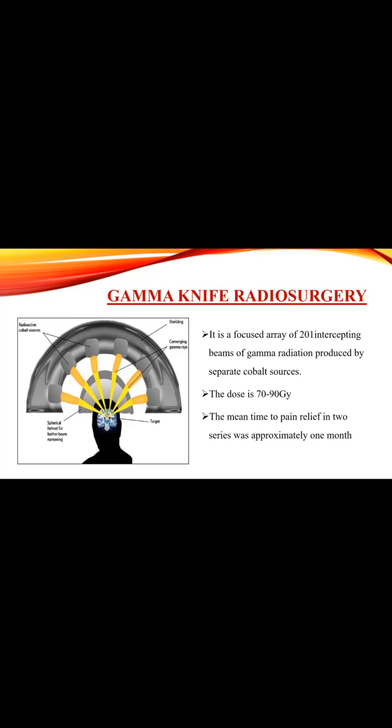The pain relief does not happen immediately after gamma knife radiosurgery. Even though the beams have been delivered, we may have to repeat the same procedure two or three times, and the pain relief usually happens only within 1 month after the procedure.